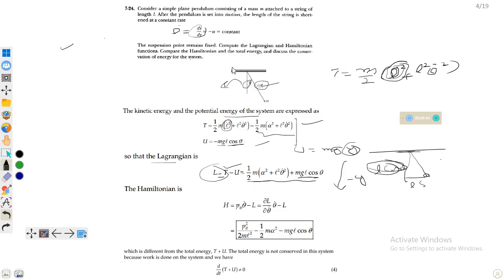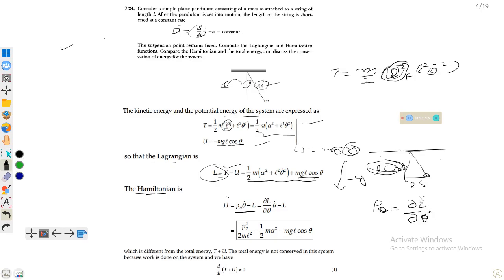Then the second requirement of the question was to find the Hamiltonian. We can find the Hamiltonian by this relation if we have the Lagrangian. H is equal to P theta theta dot minus L. This is the Hamilton equation and we can find the Hamiltonian. So you know that P theta can be found by partial L over partial theta dot.